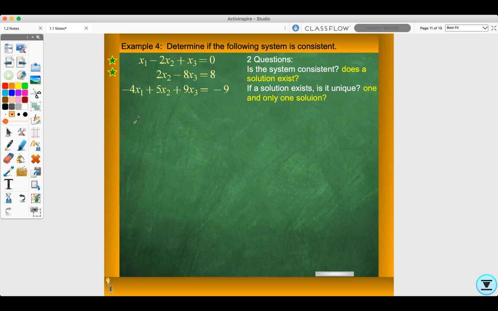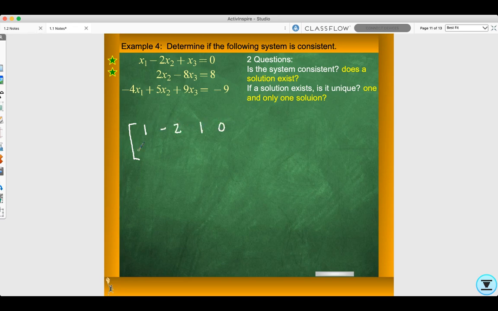So if you notice, this is the same as our last problem. Based on this last example, the system was reduced to triangular form. At one point, we got it down to 1, -2, 1, 0; 0, 1, -4, 4; and then 0, 0, 1, 3.